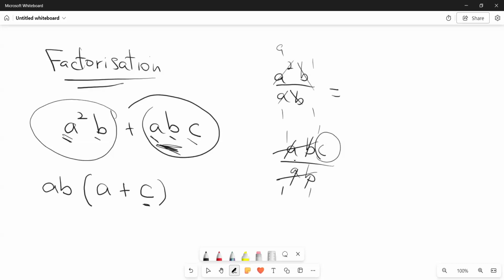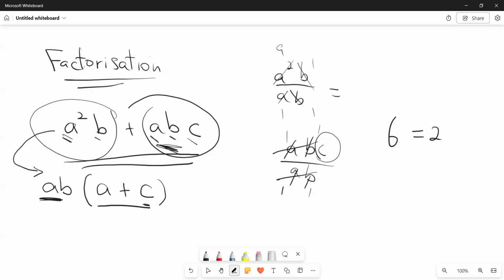So now what we have here, we have taken this and we have factorized it. Why do we call it factorize? Because we can say that AB is a factor of this whole expression, and A plus C is also a factor. Like, you all know when you have 6, what are the factors of 6? 2 and 3, right?